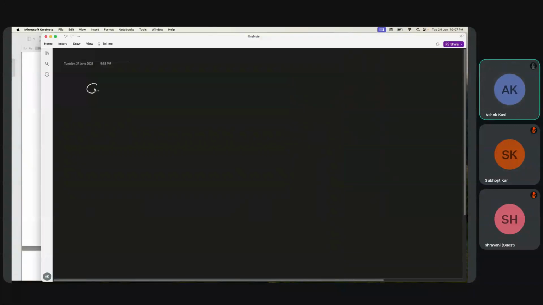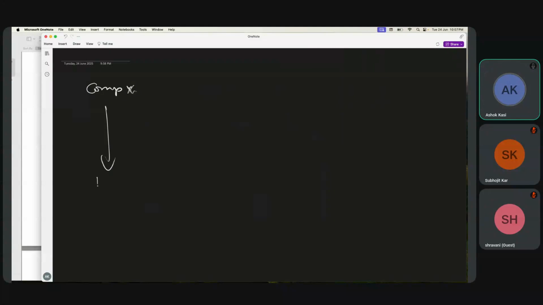Like the way I did it here: Company X takes a loan from your bank. Now this bank says, either go for fixed rate or floating rate, fixed or floating, and this is 7%. This is the market reference rate.